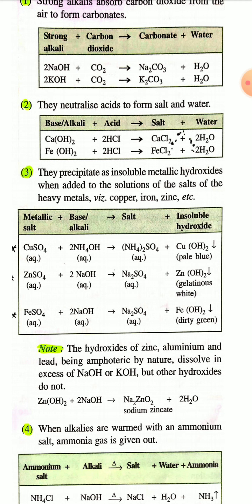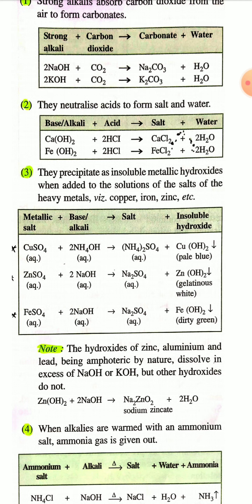Here one note has been given. You have to remember that the hydroxides of some metals like zinc, aluminum, lead are amphoteric in nature. That's why they dissolve in excess alkalis, that is in excess base, that is NaOH, KOH.